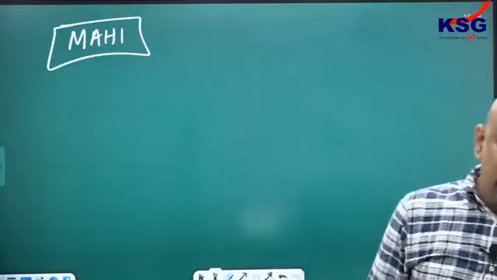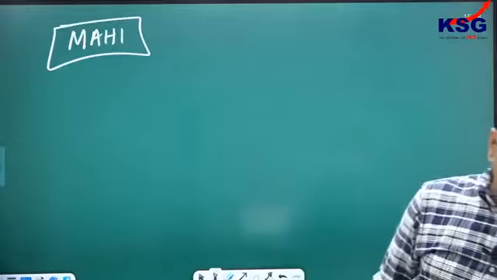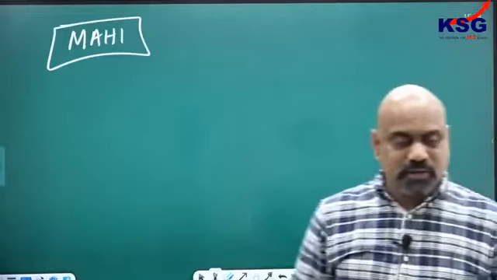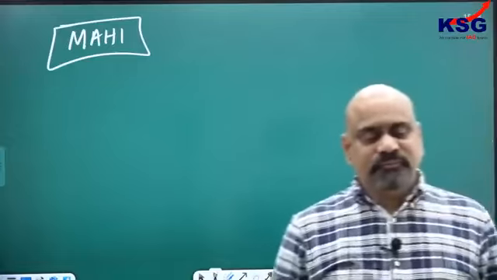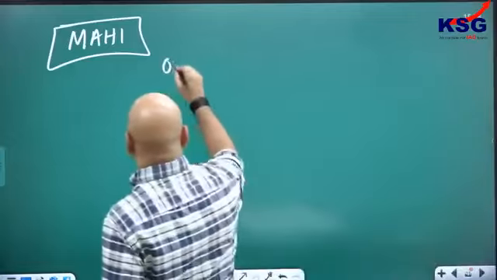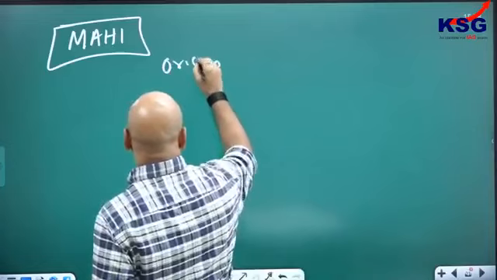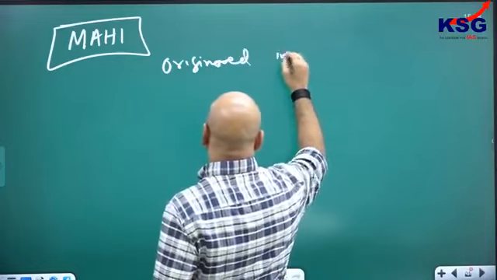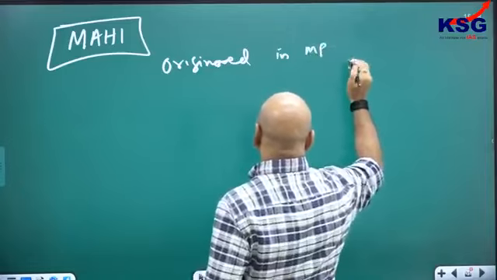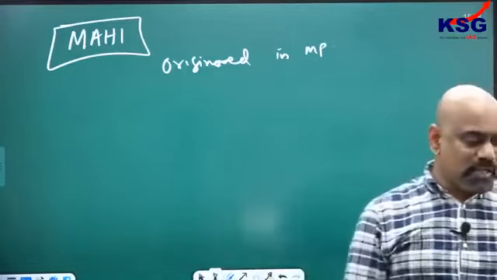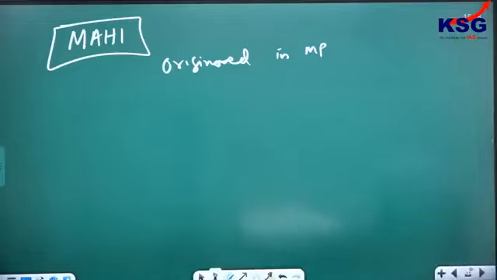So please note down here, river Mahi originates from the east of Udaipur area, in fact, and drains into the Gulf of Khambat. Originated in Madhya Pradesh, coming from above the Vindhya.